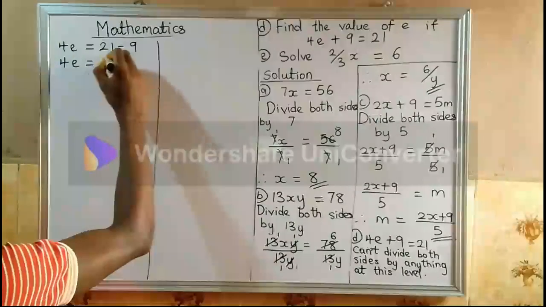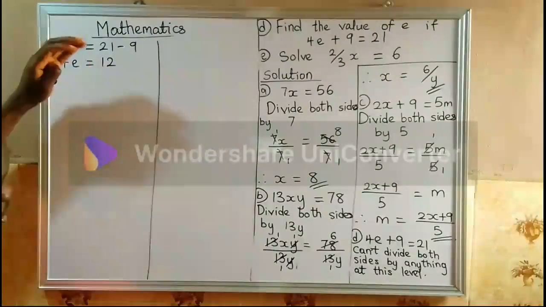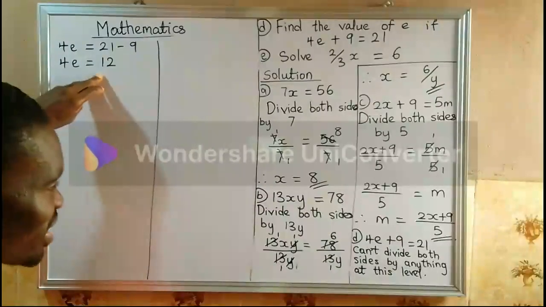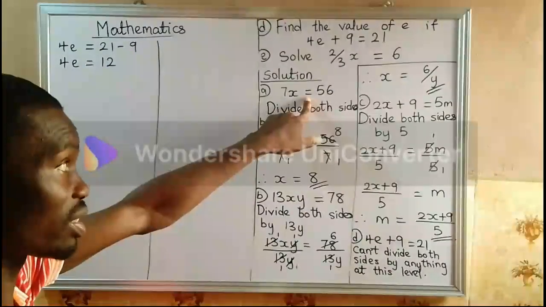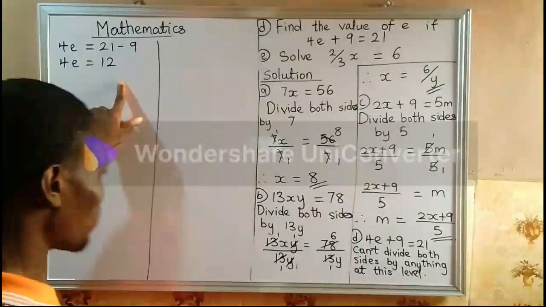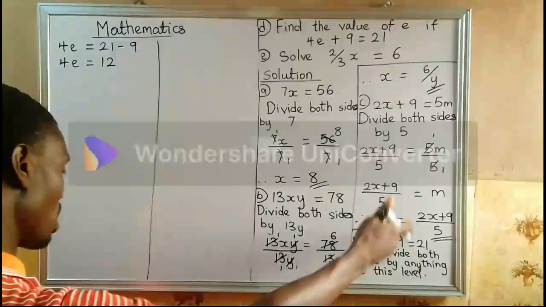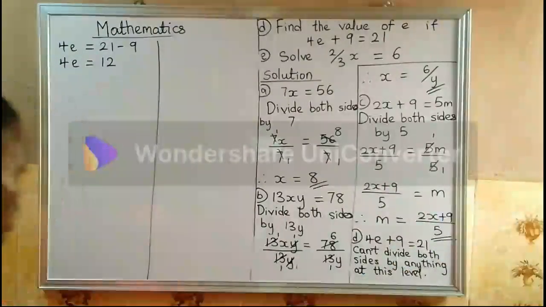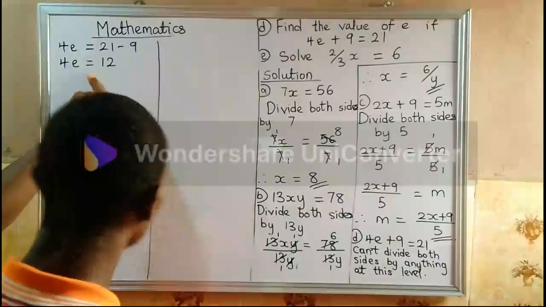That's 12. Okay, so you will notice that now we have to do something to make sure that this example looks like the first example that we solved. 7x equals 56, 4e equals 12. So at the earlier stage of solving the question, we could not divide both sides by anything. But at this stage, you notice that we could.